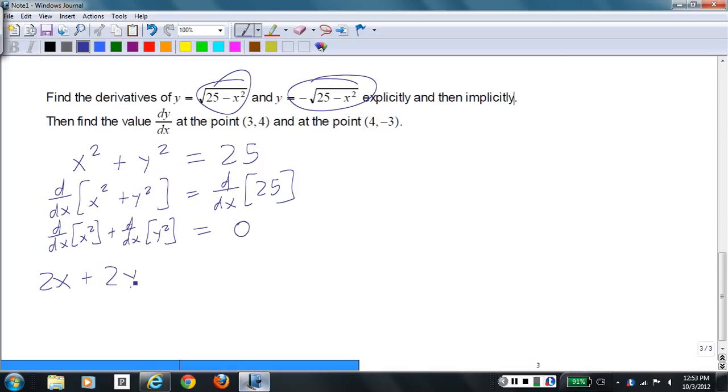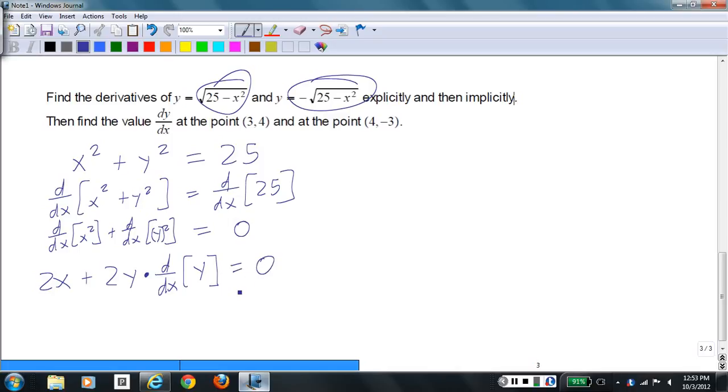But the chain rule says multiply by the derivative of what's inside the parentheses. Well, what's inside the parentheses is the expression that was being squared. So we have to multiply by the derivative of y. We might not know y in terms of x, but we know we got to multiply by the derivative of y. So it looks like that.